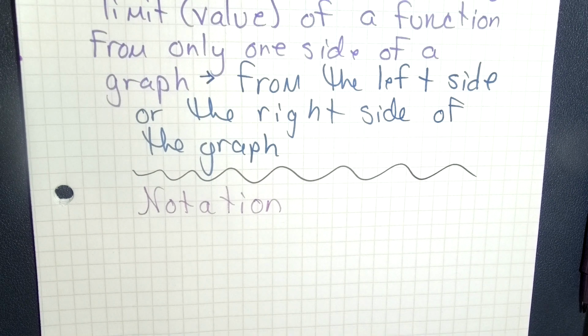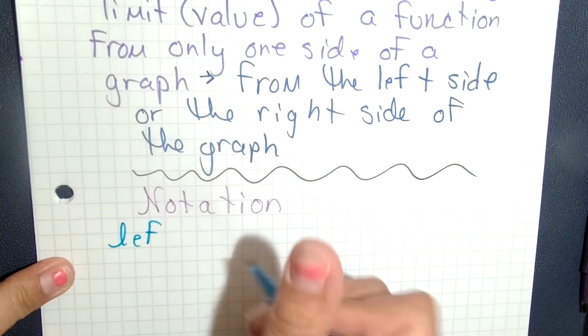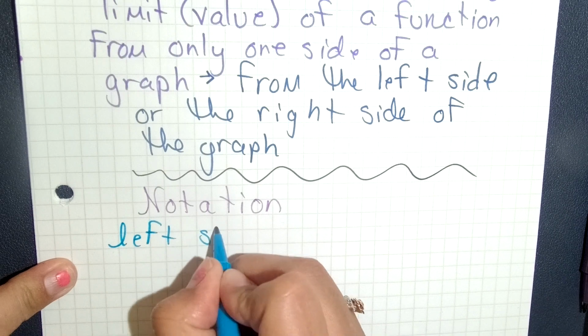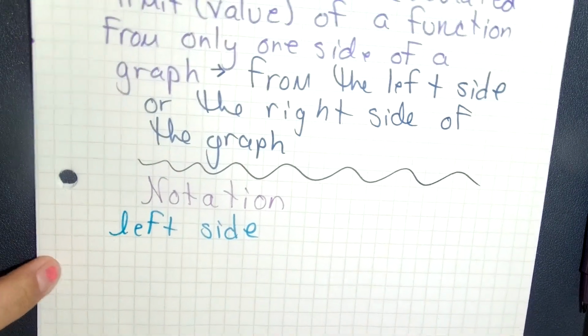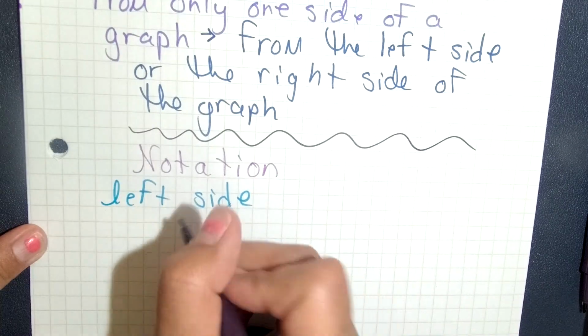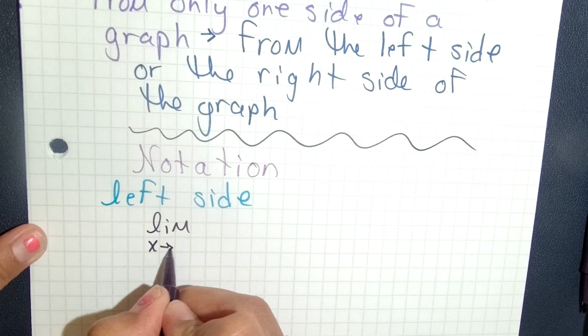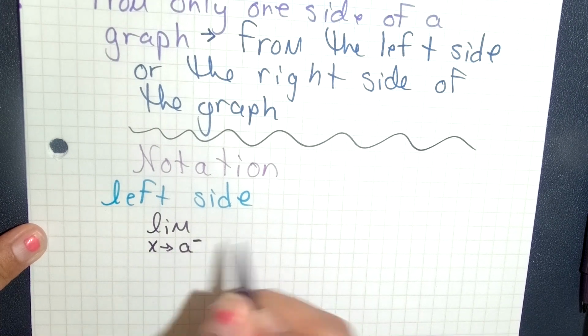So the first notation we have is the left side limit. The left side limit is as follows. It is the limit as x approaches a from the left.